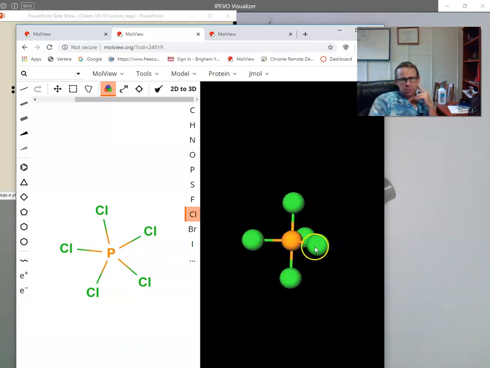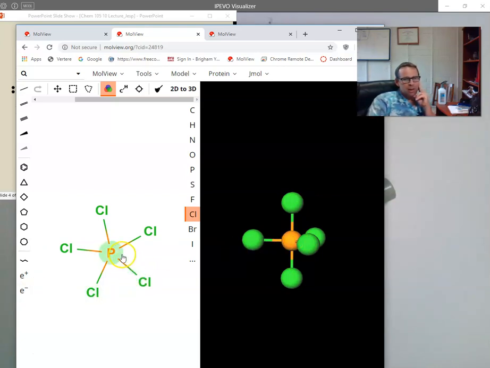Can you see how these 3 on the equator make a triangle, with this being a pyramid's point? So it's a trigonal pyramid. But it's not just one pyramid, is it? There's another pyramid on the bottom. So this is called trigonal bipyramidal. The shape is basically called what it is. It's 2 pyramids, one on top of the other. So we call it trigonal bipyramidal. Okay?